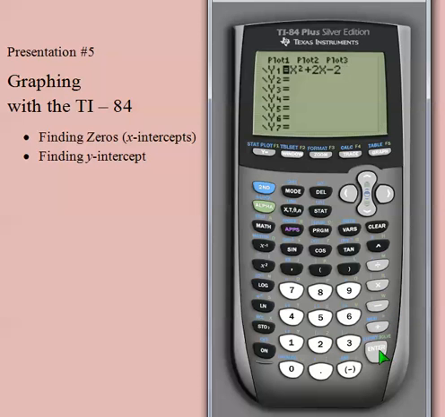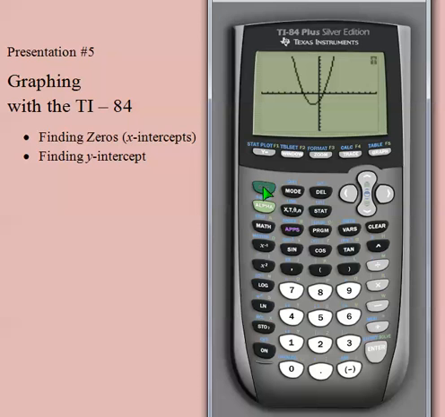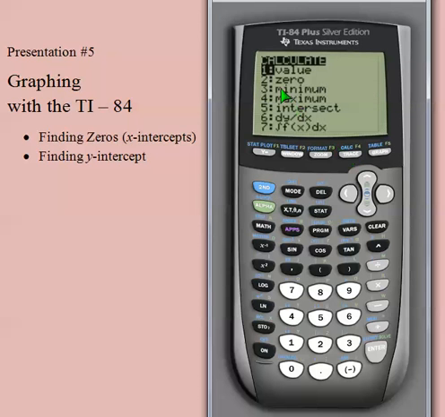Just hit graph. I have a quadratic equation. If I want to find the zeros, now I have 2 of them. I go to second calc, 0.